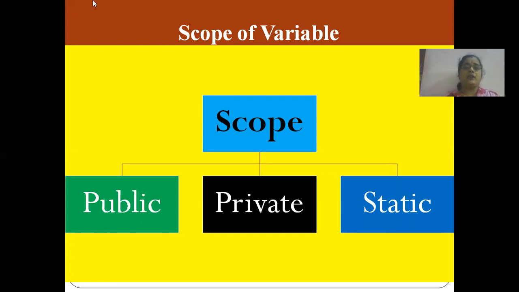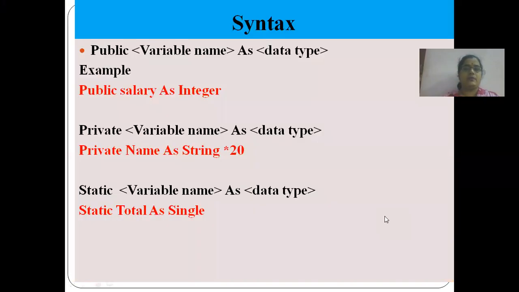Now, what is the scope of the variable? The scope of the variable is of three types: public, private, and static in Visual Basic. And this is the syntax of declaring the scope of a variable as public, as private, and static. The syntax for public is Public variable name As data type.